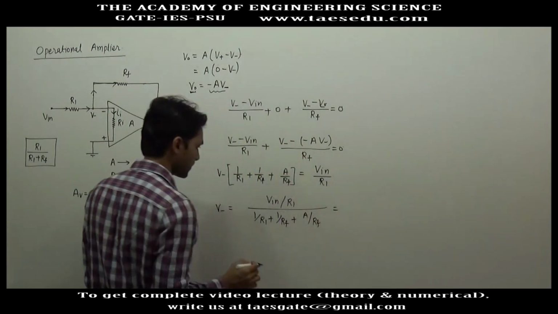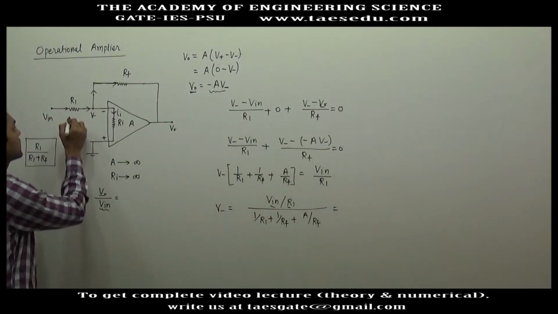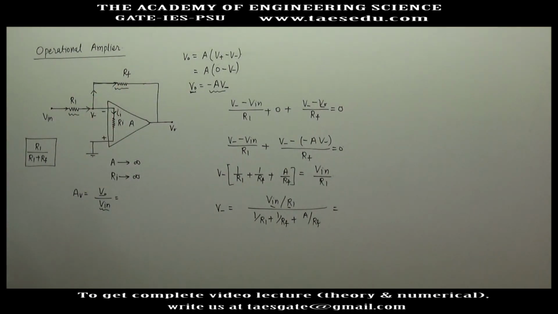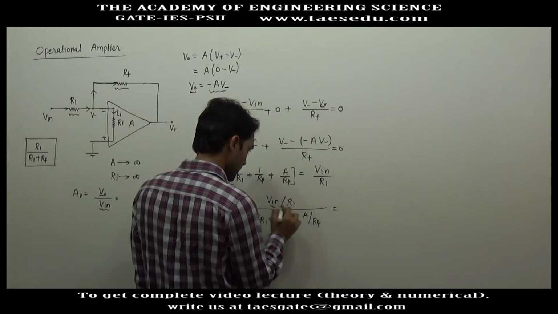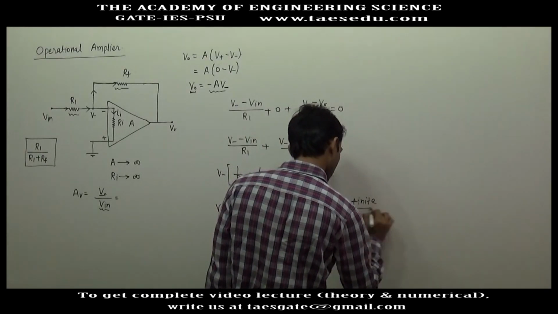Now if we analyze it, V input is finite, and I forgot to tell you that these are external resistances. These are finite resistances. Normally the values of these resistances are in kilo ohm. So this is finite, this is finite. In the numerator you will get a finite quantity.